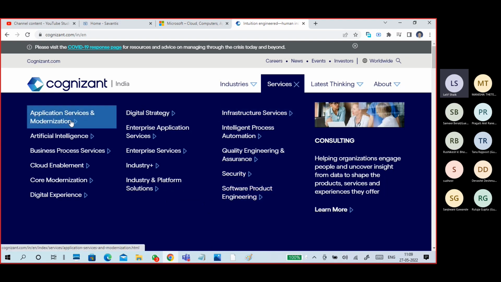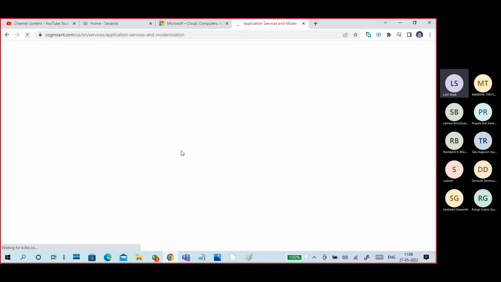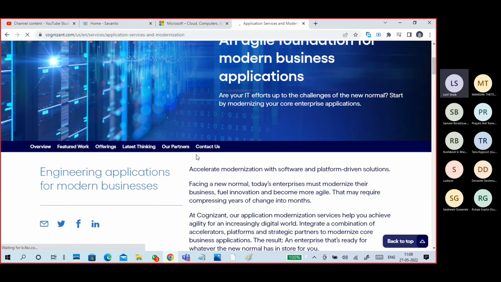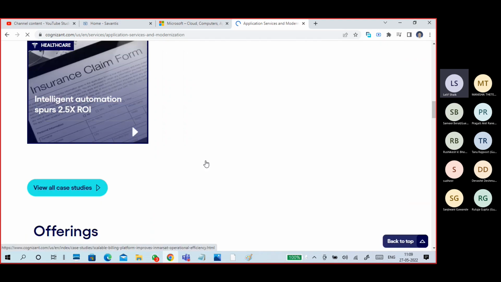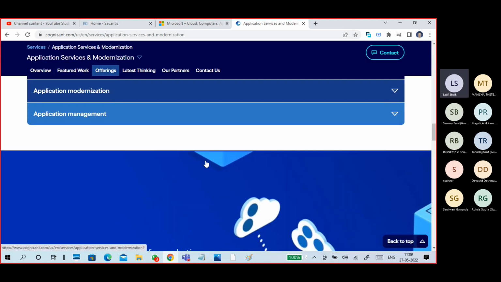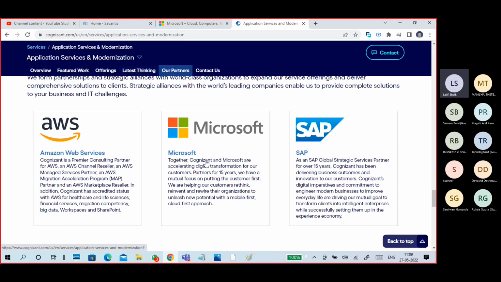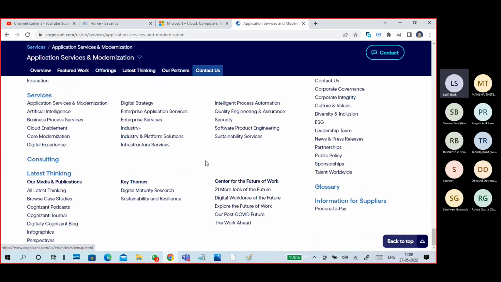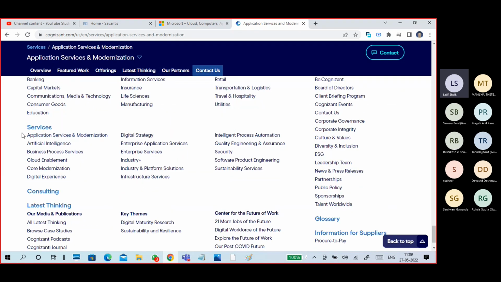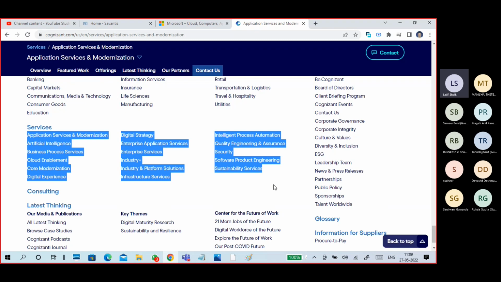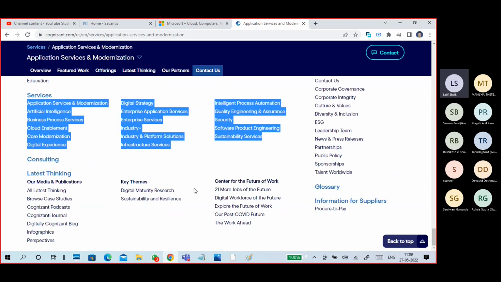If you go there, you can see the subsets also. The important thing is what services are provided by your organization.